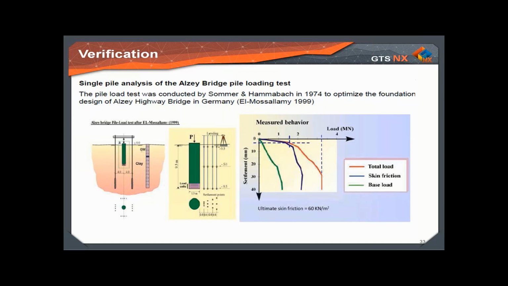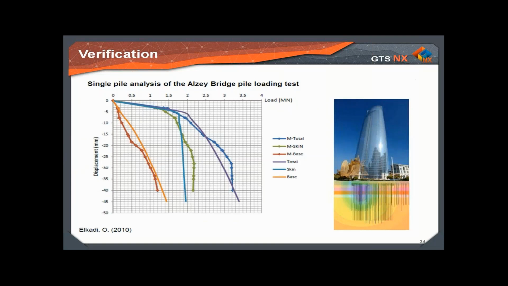And we have simulated the exact same pile behavior. The pile is actually a 1.3 meter diameter pile with 9.5 meter length. We have simulated this using the embedded pile technique, and we are satisfied with the behavior we could capture: the total load behavior, skin friction, and the base resistance. We can say that we can capture the individual components in a reasonable way. So that was satisfactory.